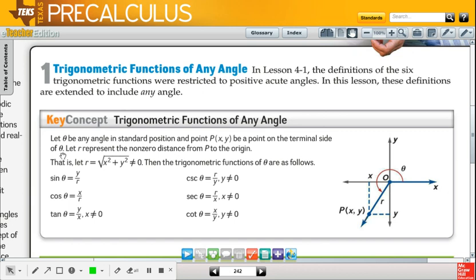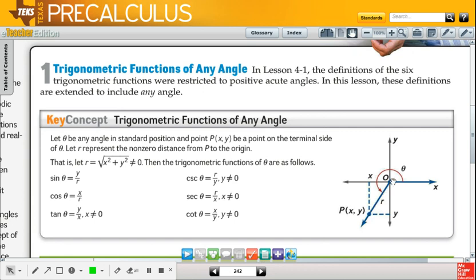Now, continue with the concept. It says let R represent the non-zero distance from P to the origin. So from P to the origin, that's the length of R, or radius.